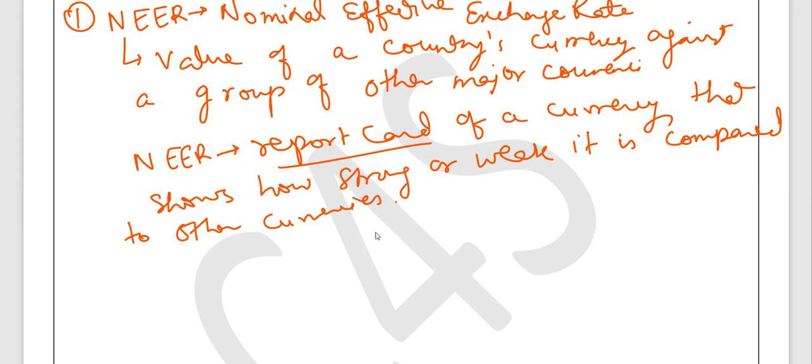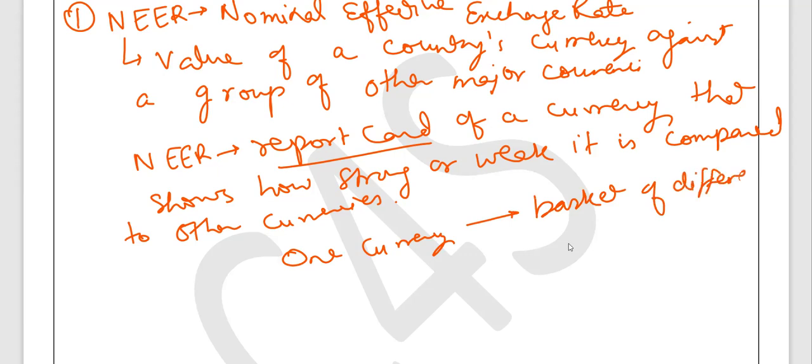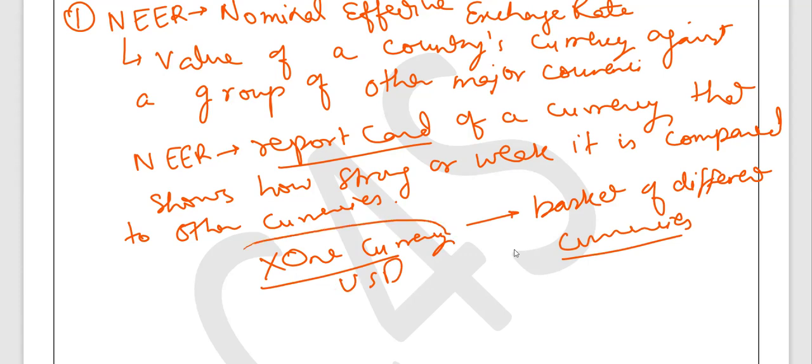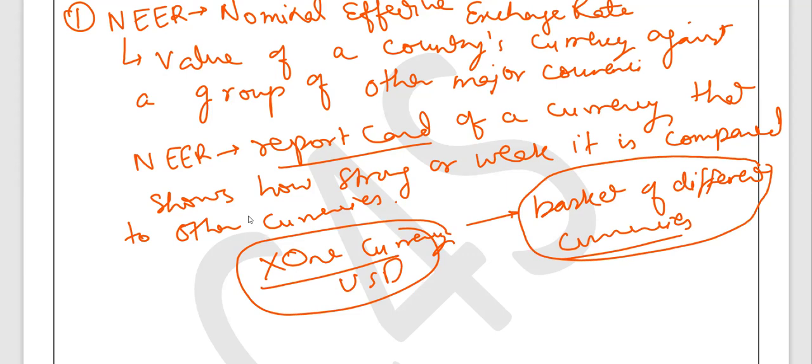Instead of focusing on one currency, we are looking at a basket of different currencies to get a better viewpoint. Let's suppose here it is USD. We will not be using only one currency. We will be using a basket of currencies to see the performance of a currency.